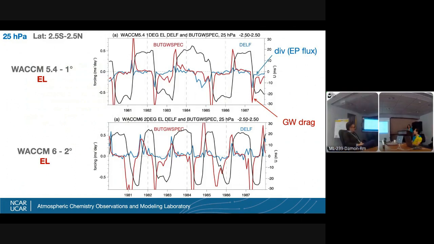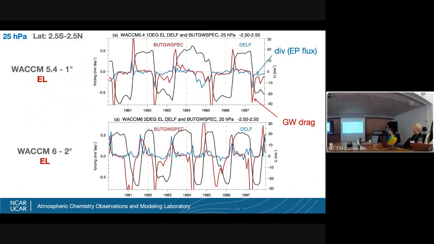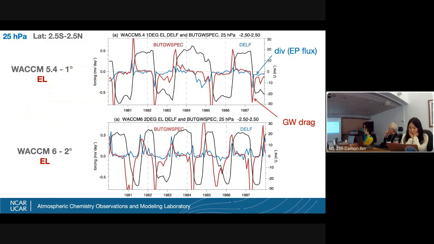The top plot is WACCM 1-degree, the bottom is 2-degree. It's the same way Garcia and Richter did the plot. The black is zonal wind, red is gravity wave drag, and blue is EP flux divergence. Those two wave terms contribute to the zonal wind acceleration.